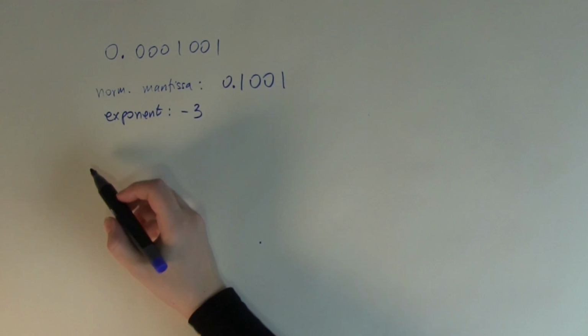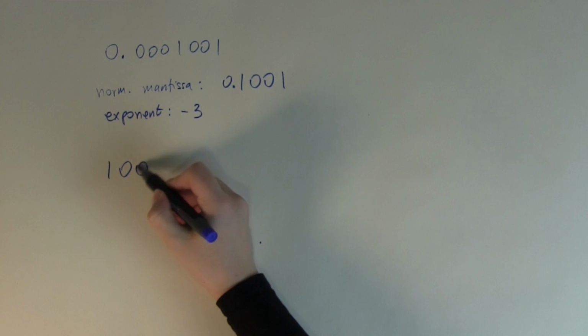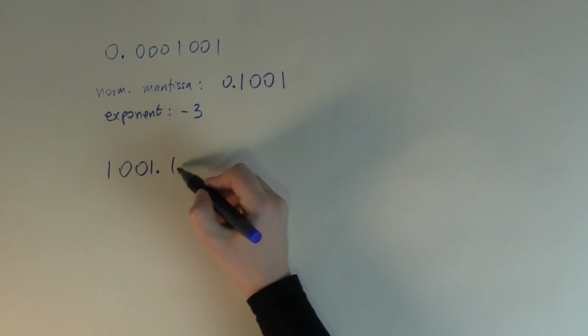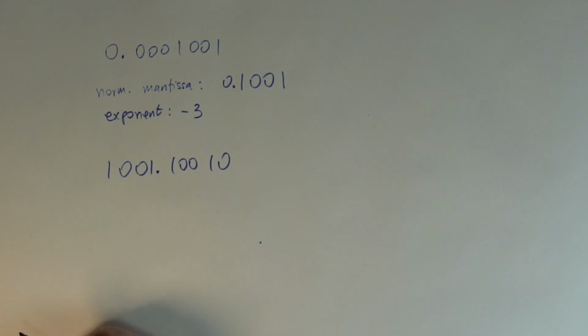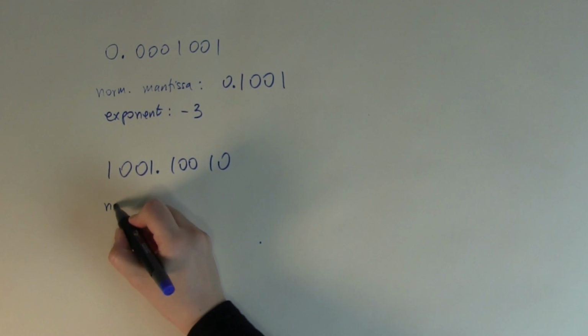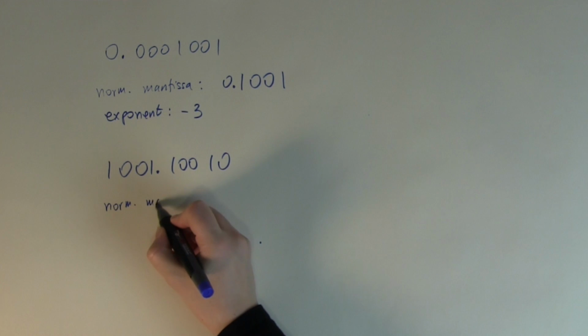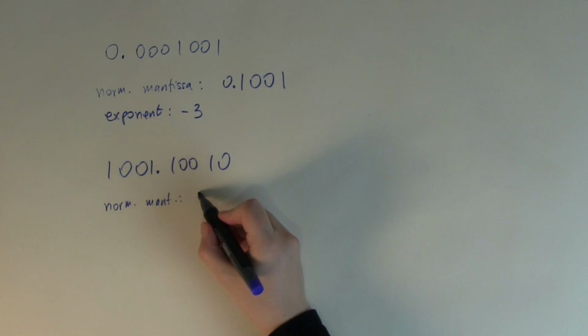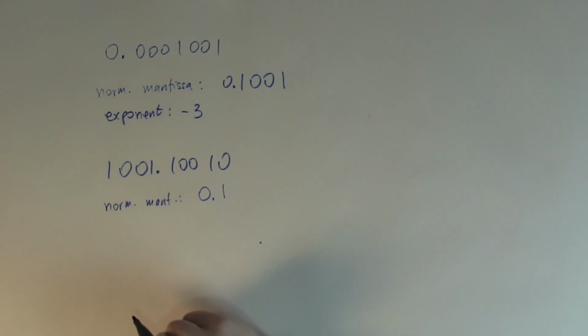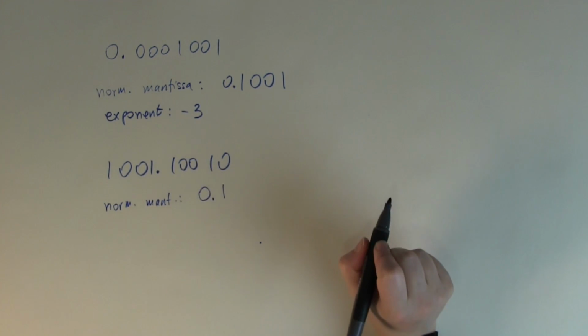And the last example, okay, again, how do we do the normalization process? Again, the normalized mantissa has to start with 0.1 and be followed by the rest of the digits.